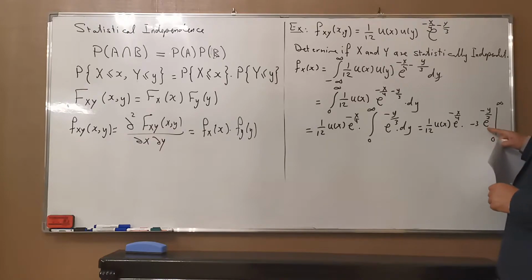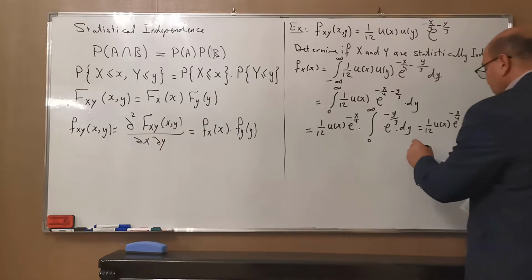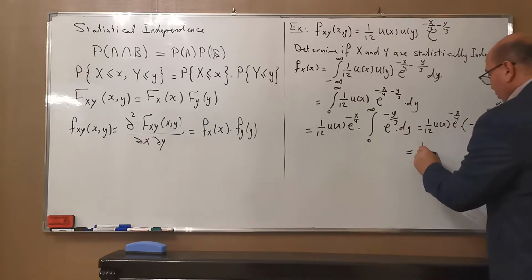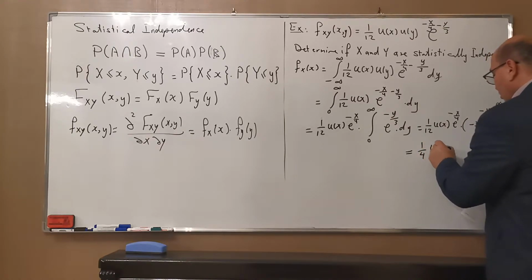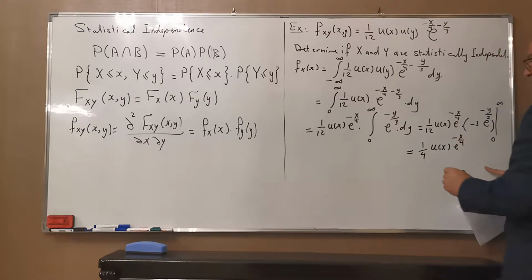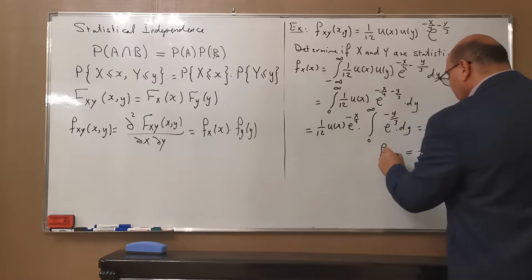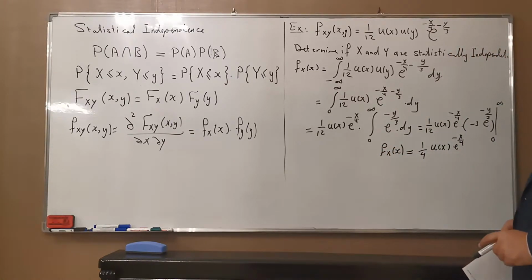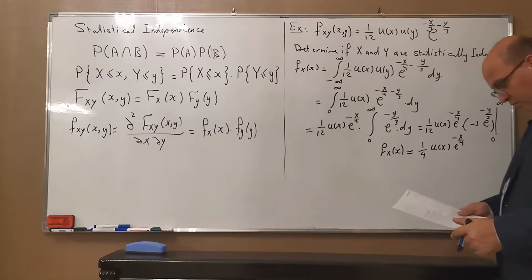If you apply 0, it is 1 with a negative sign, so this equals 1/4 u of x e to the minus x over 4. So this is our fx of x, an exponential density function.